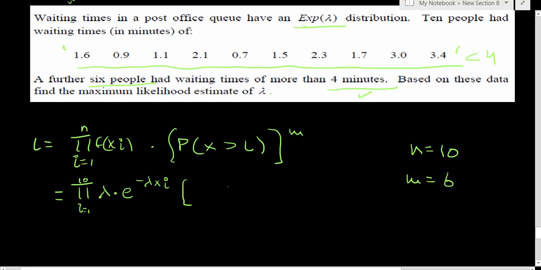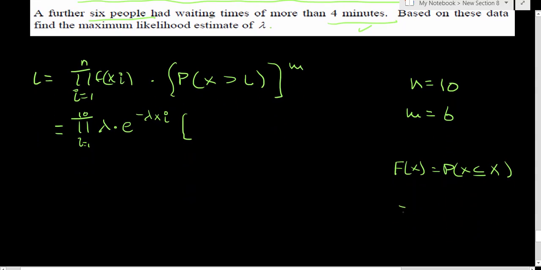to the power of m. So we know that F(x), that is the probability that X is less than or equal to x, for exponential distribution is 1 minus e to the power of minus lambda x. This is the probability.